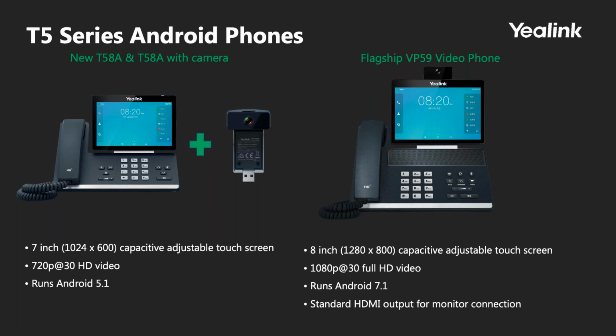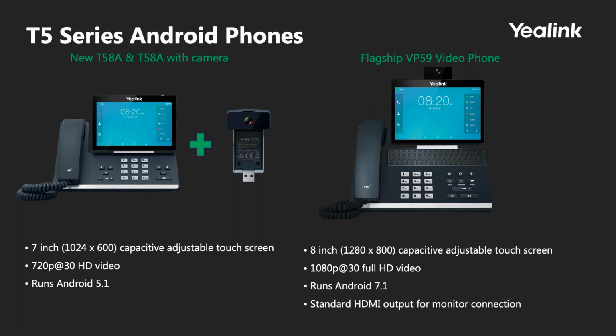But for select uses and for lower cost applications, the T58A and 58A with camera is a great play for voice or video applications that require some sort of Android support, or they do want to incorporate the video conferencing aspect to their environment. So great SIP-based phone, registers to most PBXs pretty seamlessly. You can do video right over the PBX using SIP, using an extension or DID or SIP URI address.